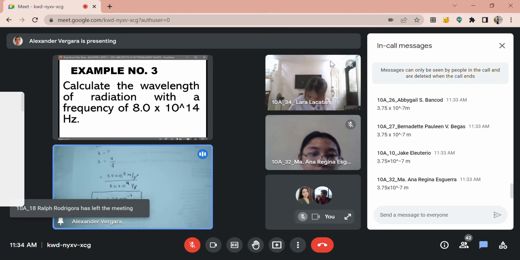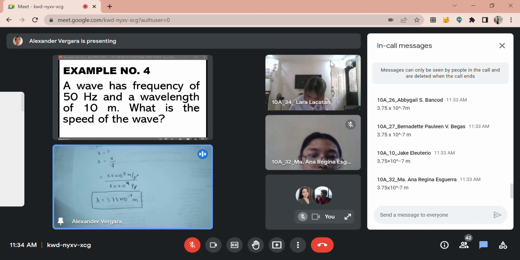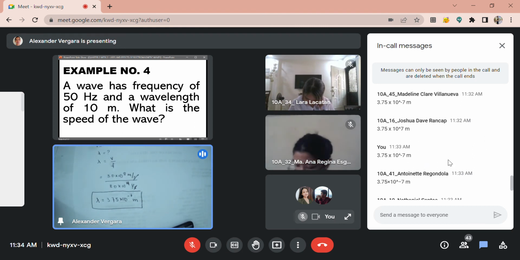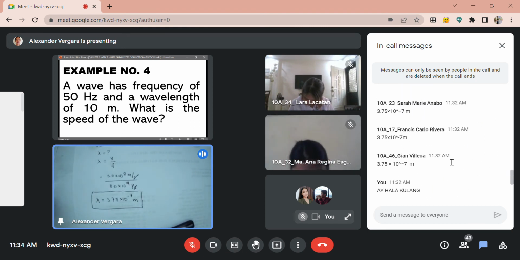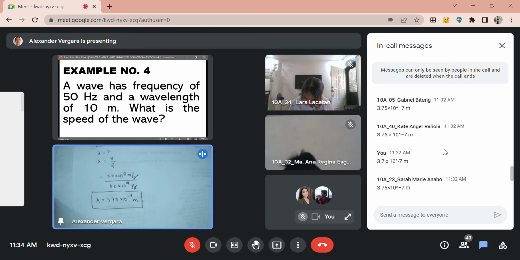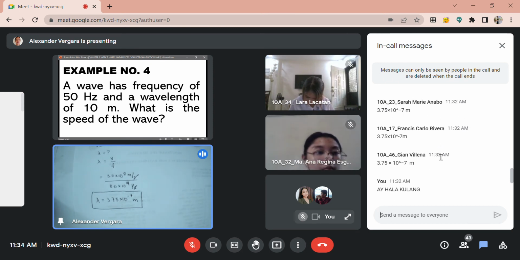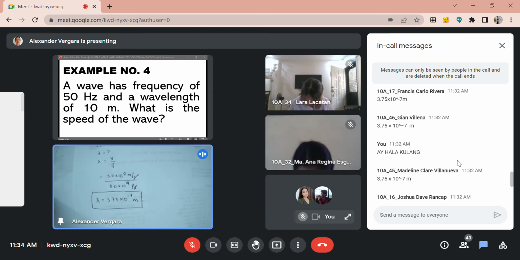Can we have another problem? Let us try this one. Problem number 4. It's written here: a wave has a frequency of 50 hertz and a wavelength of 10 meters. What is the speed of the wave? So you already have 50 hertz and 10 meters. Let's try, you compute already.